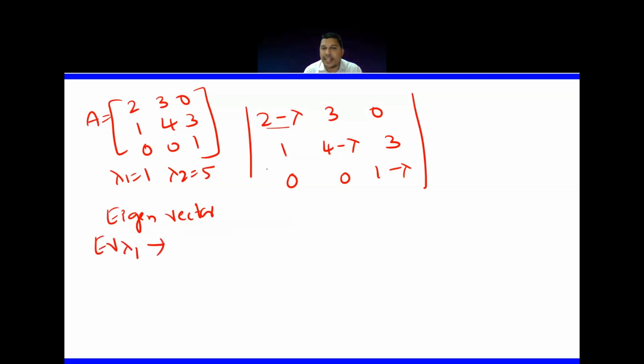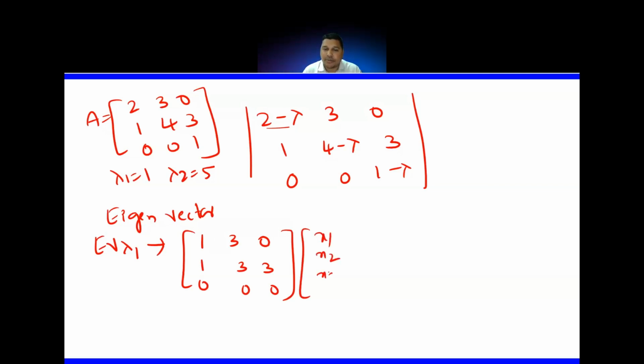Substitute 1 in place of lambda here. The matrix becomes 2 minus 1, 3, 0; 1, 3, 3; 0, 0, 0. This is my matrix and I have x1, x2, x3. If you multiply, you get three equations.